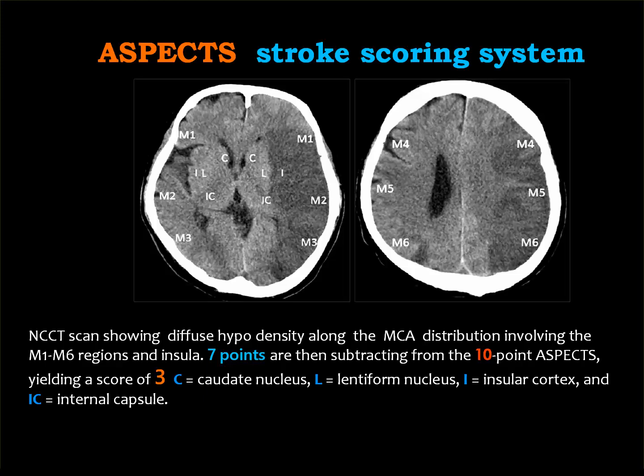But if more than 3 areas are affected, systemic thrombolytic material is contraindicated, because this will result in bleeding in other sites.